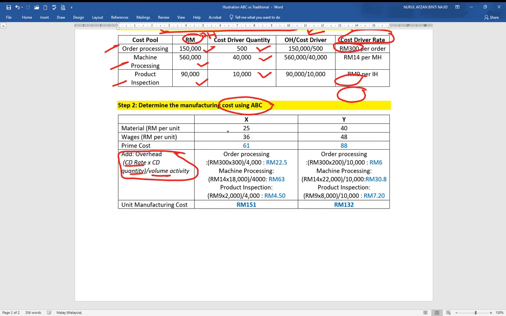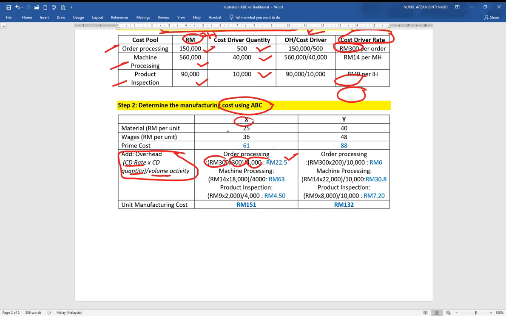So you need to calculate the overhead absorption based on the activity incurred. Alright, so we have 3 activities, so you need to calculate one by one. So the order processing, 300 for CD rate, 300 for CD quantity, and 4,000 for volume activity for product X.